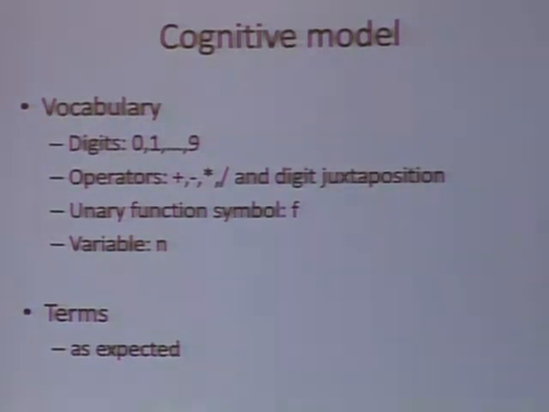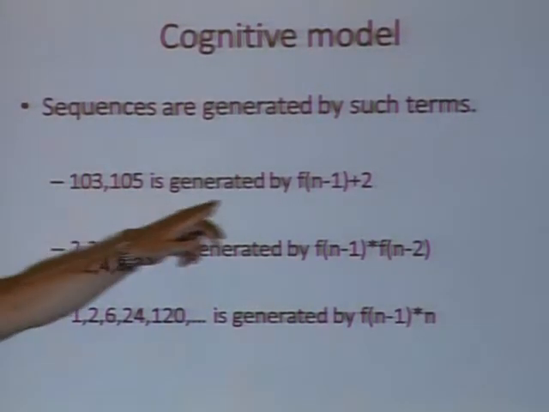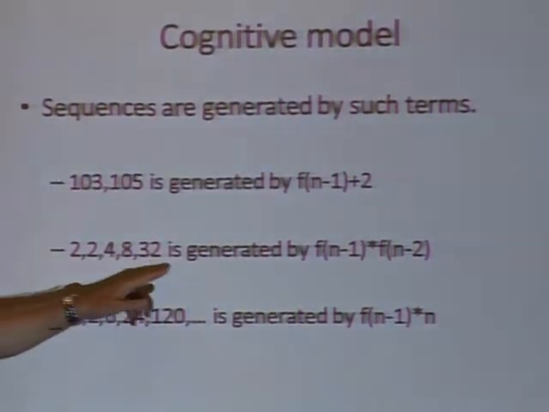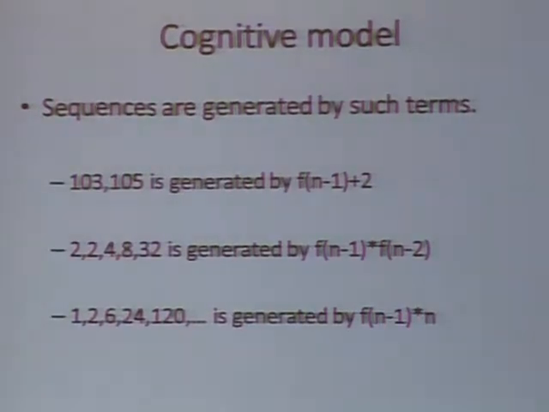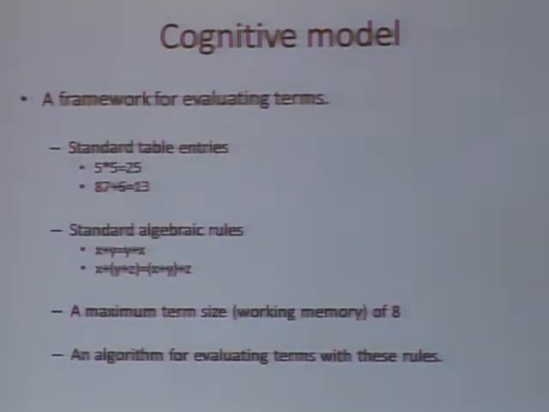And from this vocabulary, we define the terms as usual and as expected. So here are some examples of how we can use this cognitive model. For example, 103, 105 is generated by that one: the previous number in the sequence plus 2. This one that we saw is generated by the two previous ones, and the factorial here is generated by that term. So we can generate a lot of sequences by these terms.